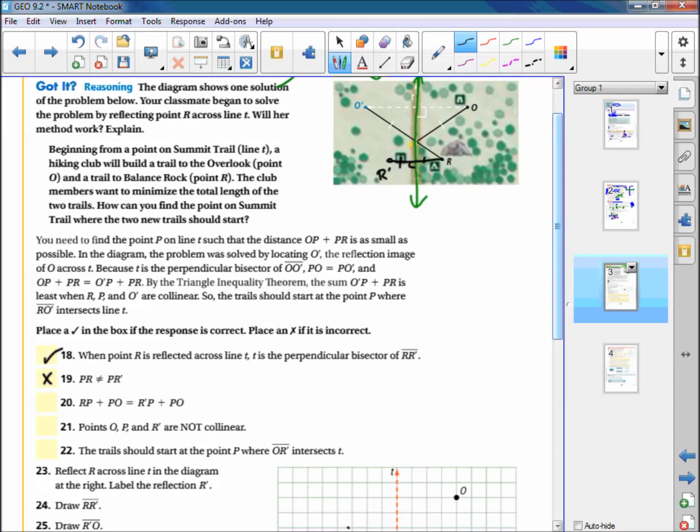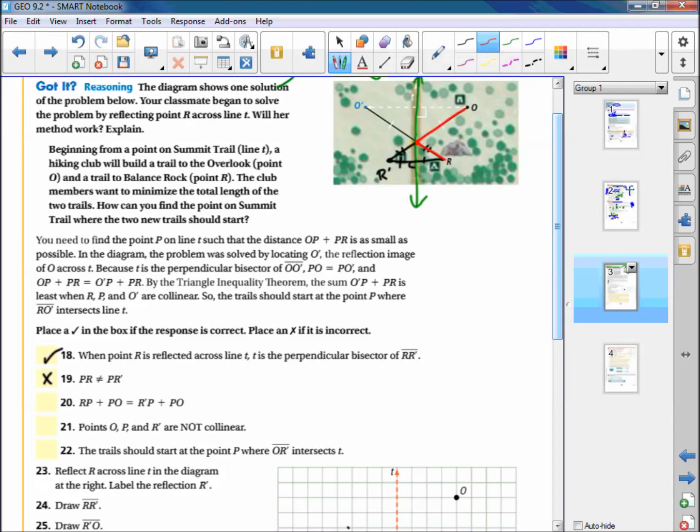Okay, and that's because PR, which is here, should be the same distance as PR prime there. Okay, there's going to be similar triangles in there. All right, so RP, that's this one, plus PO, that's this one.